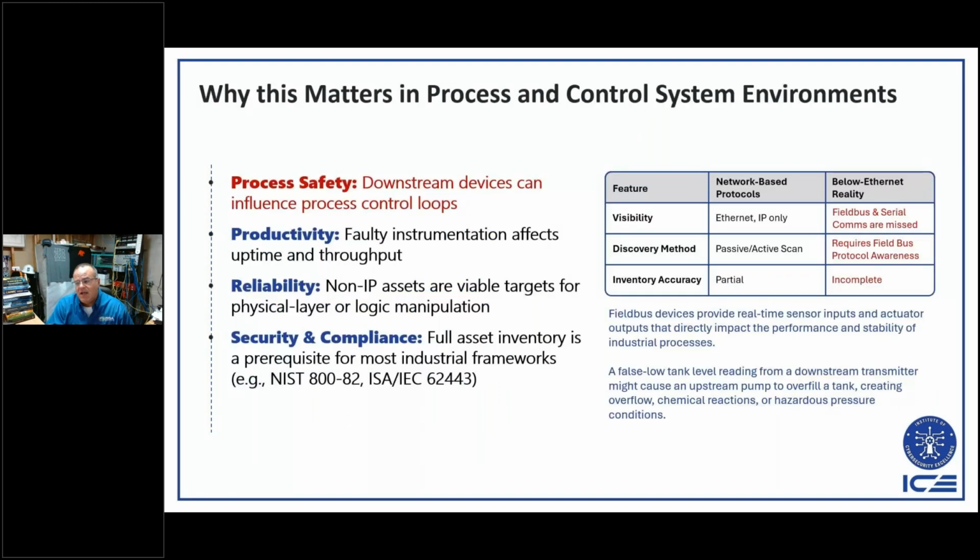So, shockingly, process safety first. If I have downstream devices, even within the SIS, that are below the Ethernet line, have I fully taken part in protecting the safety instrumented systems that are there to protect either an individual, group, or a community within whatever the process is that's in operation?